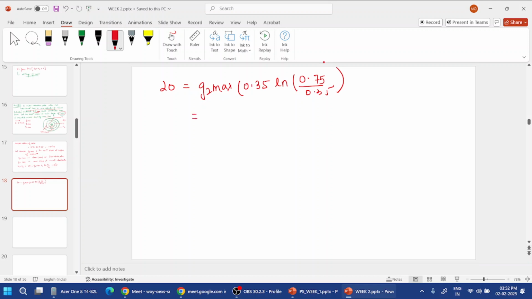If we solve it, it comes out to be 0.3085 G2 max, which is equal to 20. Equation 1.